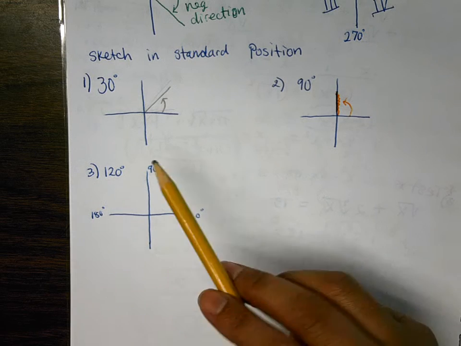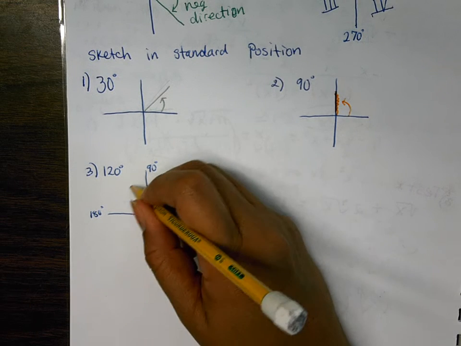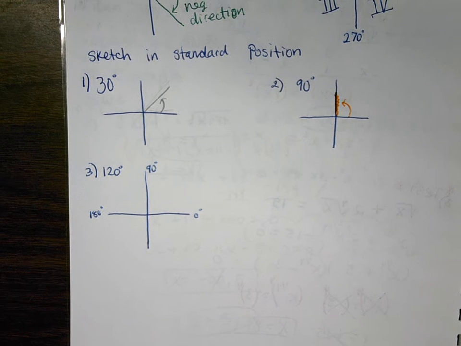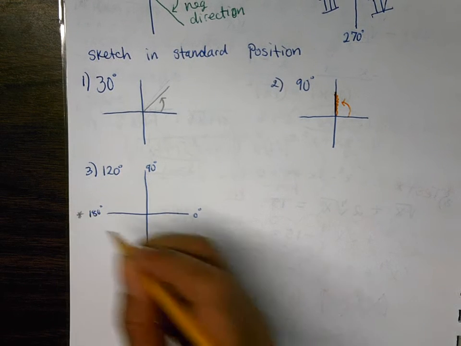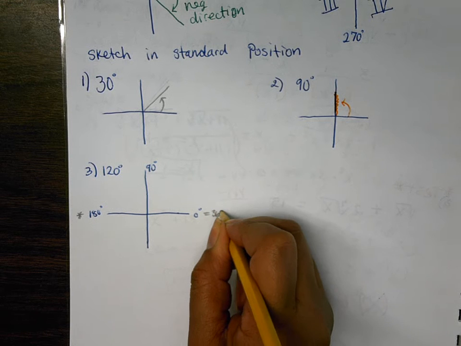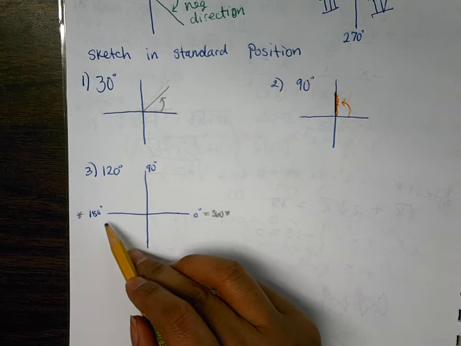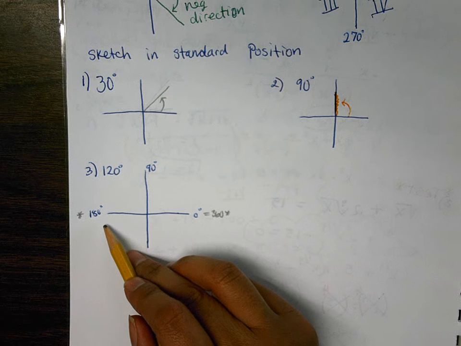Now when you're trying to figure out where, again, it doesn't have to be exact, but you do want to think about approximately where, because we're going to use those angles later. You always use the 180 or the 360 as your guide. So how far is 120 from 180? 60.